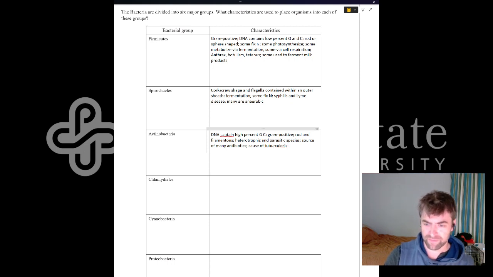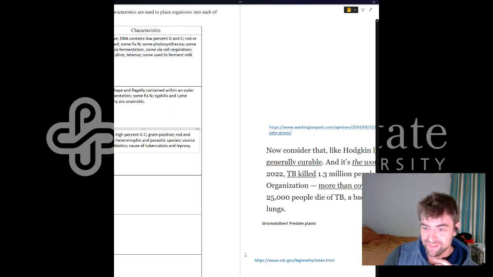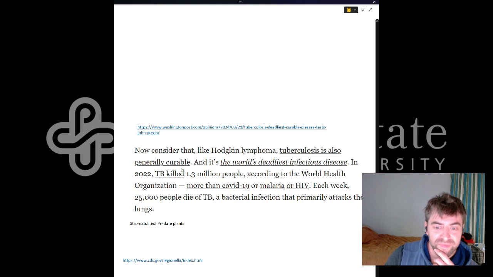Tuberculosis. Tuberculosis. And leprosy. And I actually grabbed this quote here. Tuberculosis is generally curable. It is the world's deadliest infectious disease. In 2022, tuberculosis killed 1.3 million people, according to the World Health Organization, more than COVID-19 or malaria or HIV.